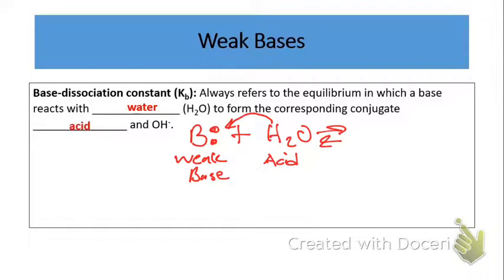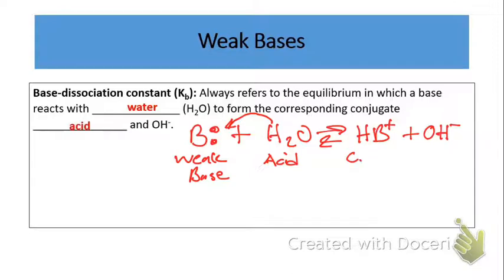Since it's a weak base, just like weak acids, it's going to form an equilibrium with the conjugate acid and base. The conjugate acid is going to be HB+, and the conjugate base will be the hydroxide ion.